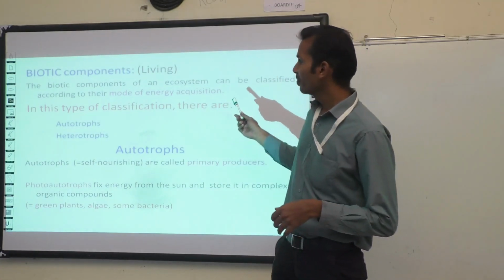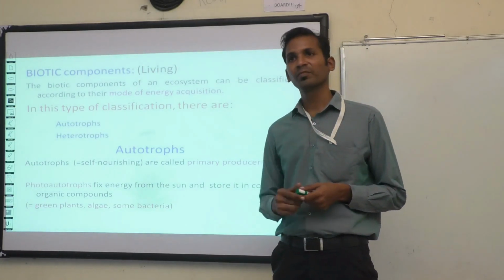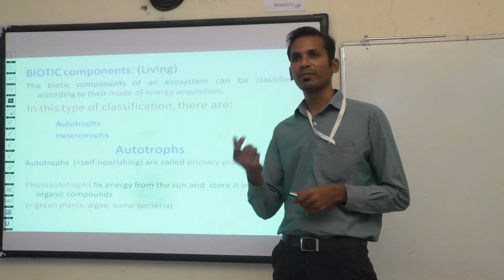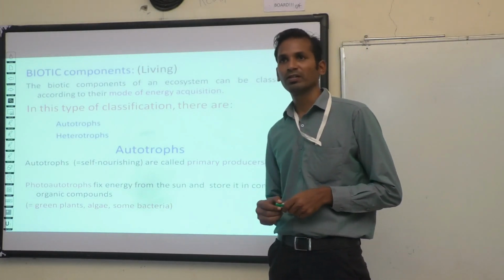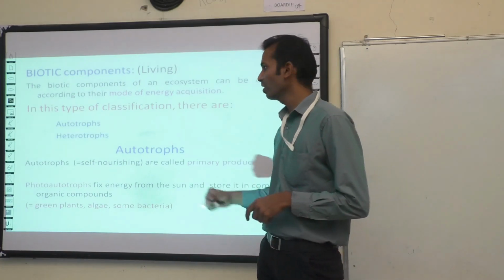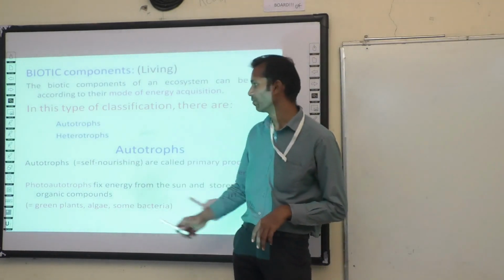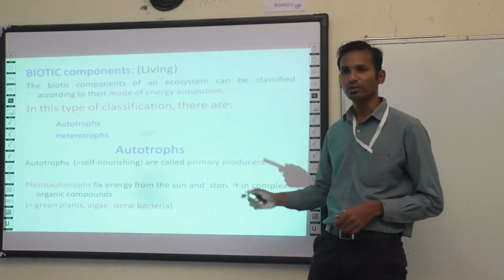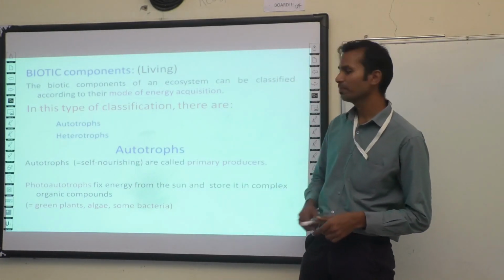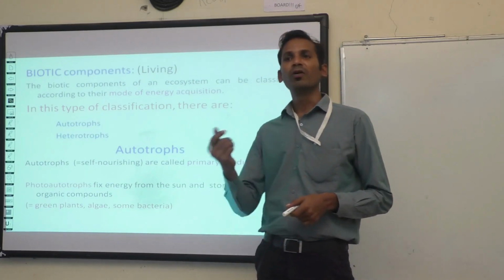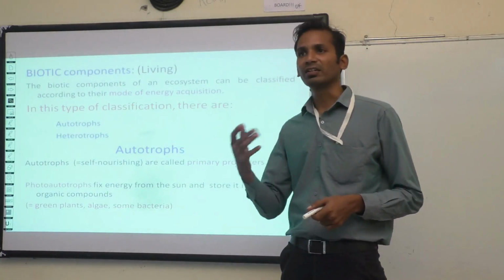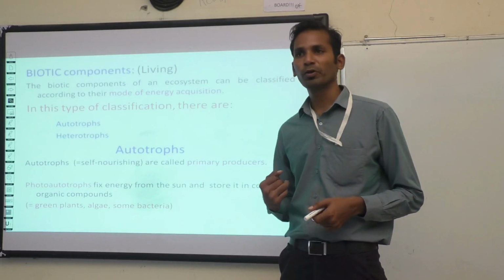These biotic components that can produce their own food are called autotrophs. Auto means self, trophs means nourishing. So autotrophs are self-nourishing plants. Whatever energy is required, they are able to produce their own food.